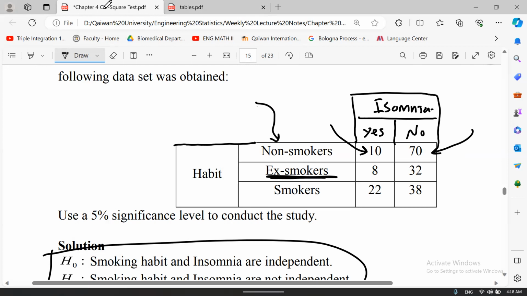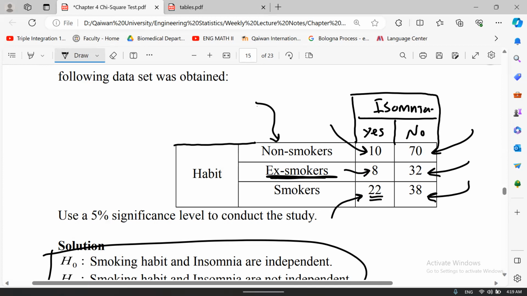Ex-smokers, 8 of them have got insomnia and 32 not. For the smokers, 22 of them have got insomnia and 38 of them haven't. So these given values are the observed frequencies. What should we find? The expected frequencies.